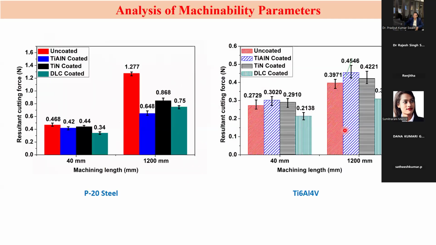Similarly, the cutting force for P20 steel is minimal in case of the TiAlN coated tool, and all the coated tools outperform the uncoated tool. However, in case of Ti6Al4V machining, the TiAlN and TiN coated tools could not exhibit better performance compared to the uncoated tool. However, the DLC coated tool exhibited the best performance.